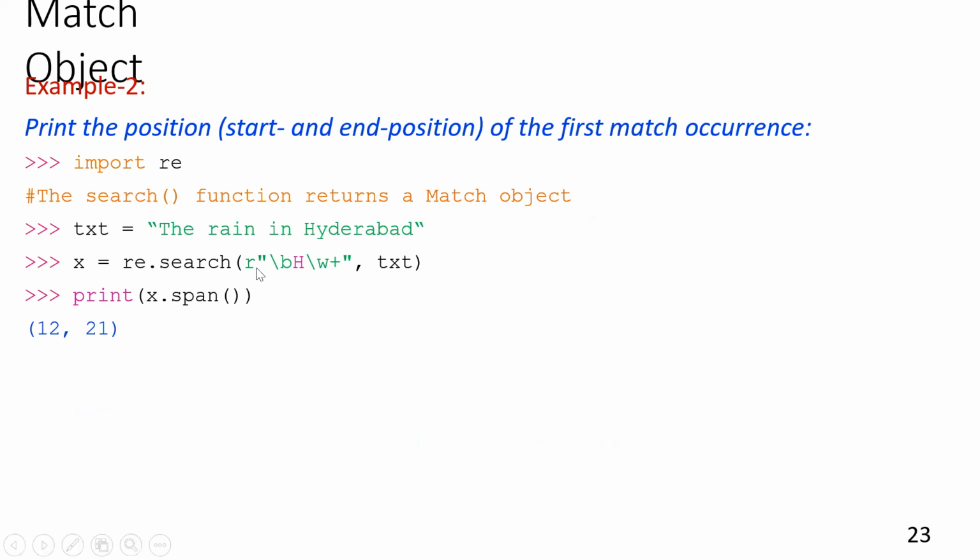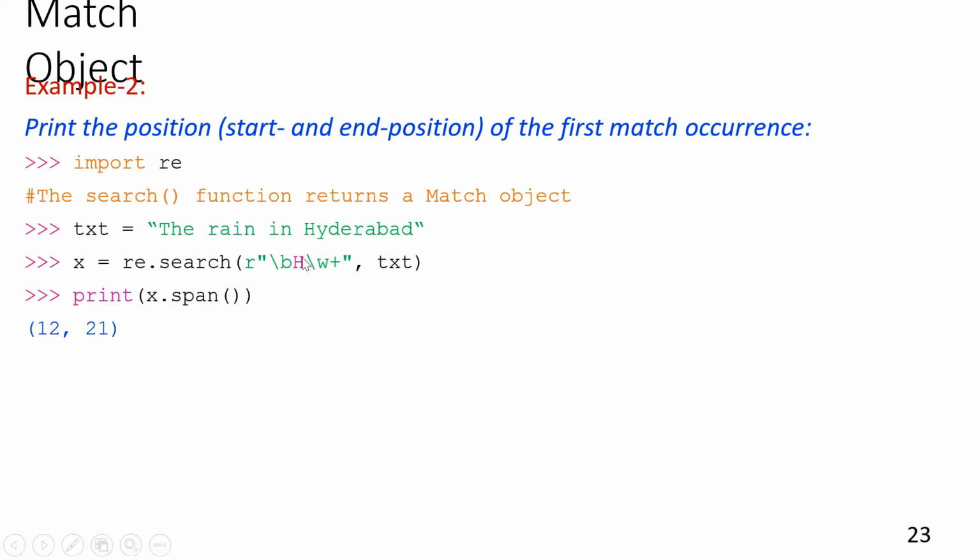So we gave here \b and capital H, and we gave \w. \w is for word characters, so any digits, characters A to Z, small letters, capital letters, and underscore will be matched. So I'm asking that this H should be at the beginning of the word, and it should return all the word characters.